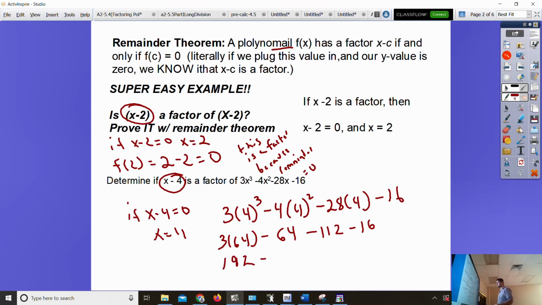And if I put those last three pieces together, I also get 192. Could you use push buttons in a calculator? Yes. But because I have a remainder of 0, x minus 4 is a factor.